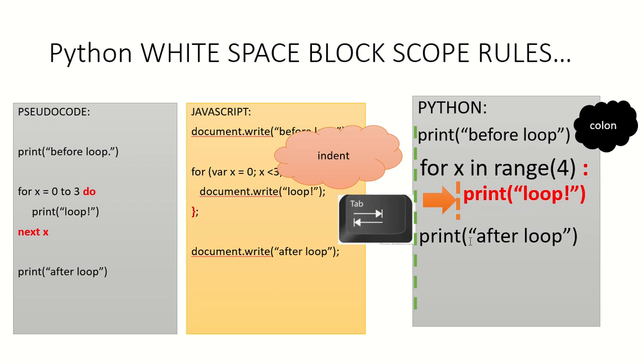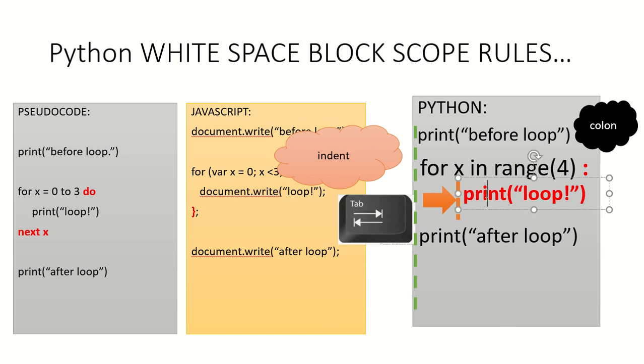And you'll notice that the print after loop is not indented. Neither is the print before loop. So the print, the start of the for loop, and the print loop must all be on the left hand margin. But the instructions I want to repeat must be tab spaced over so that Python knows these are the instructions that are inside the for loop.